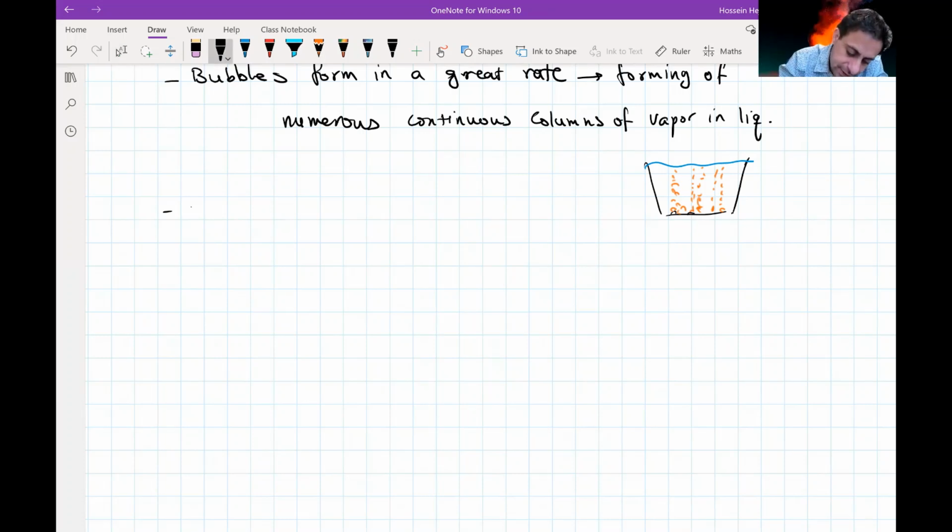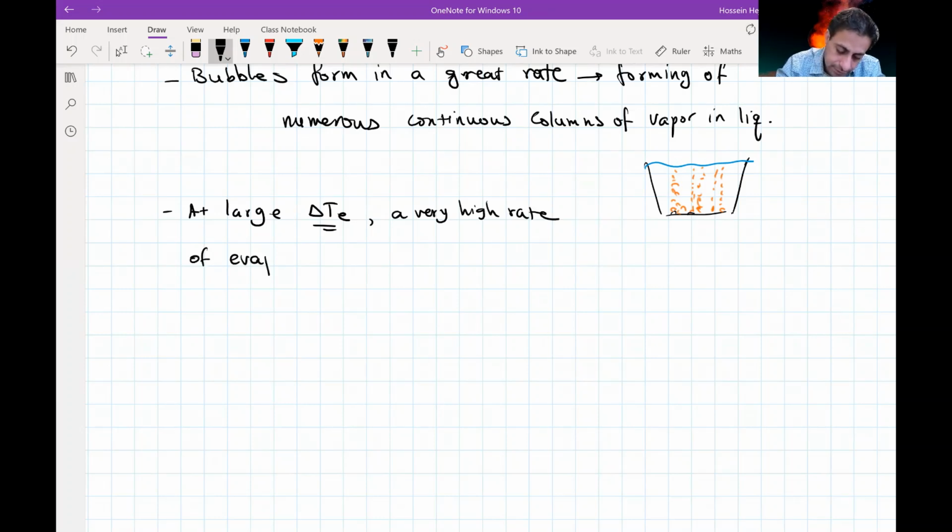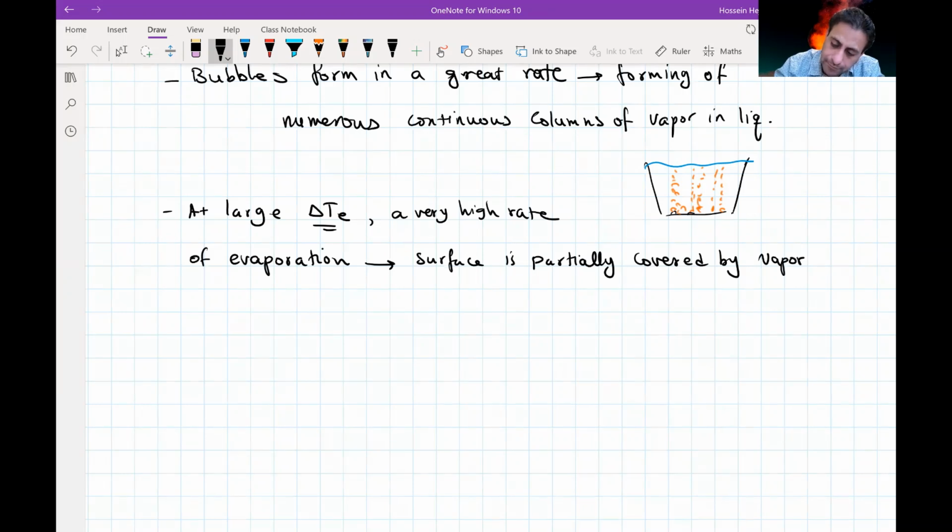So I'm going to write down: at large excess temperature, we have a very high rate of evaporation, and as a result, the surface is partially covered by vapor bubbles.